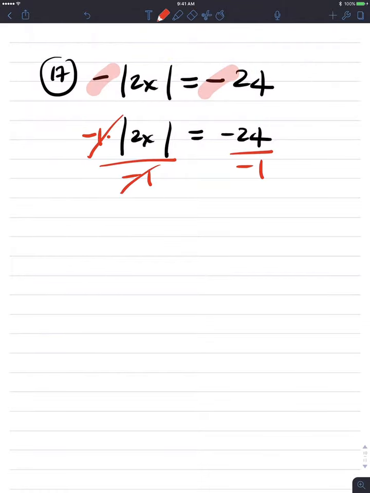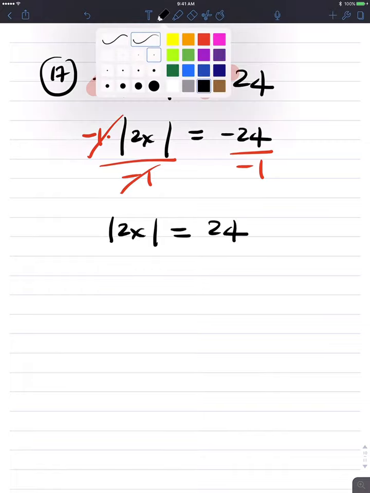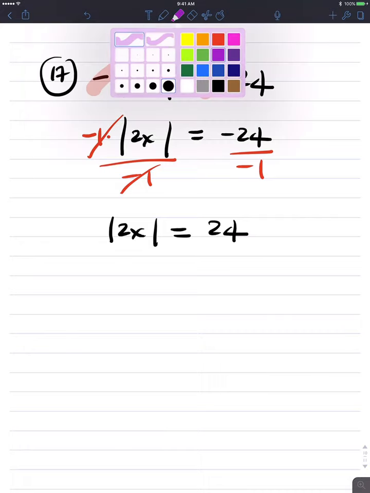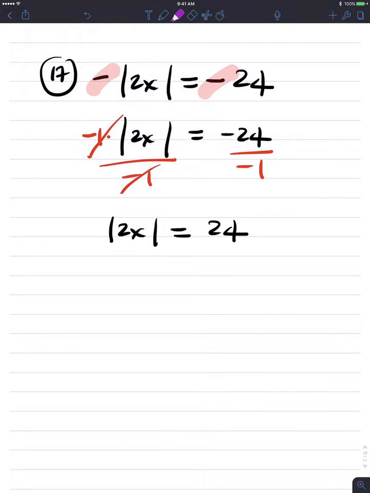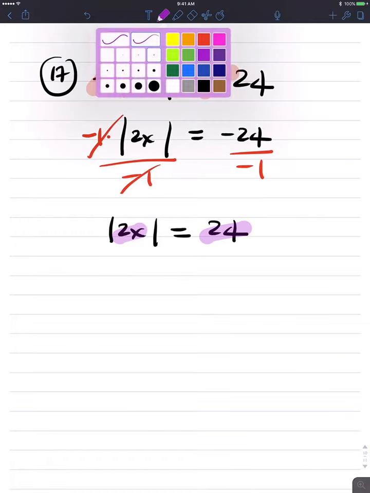I get my cancellation, and you end up with the absolute value of 2x being negative divided by a negative, which is positive 24. Now this does happen, okay? The absolute value is positive. So 2x is 24. So here's what we're essentially saying.